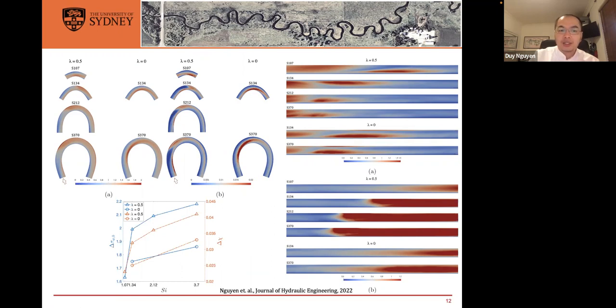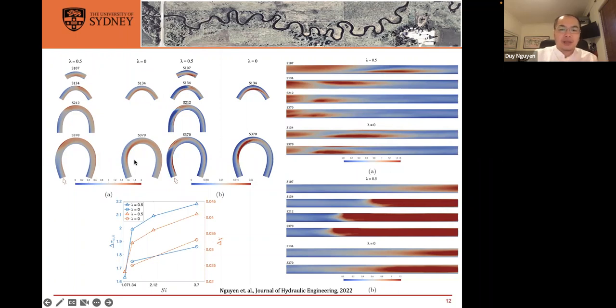If I look at the bed shear stress, I also see some changes here. I plotted out the range of my bed shear stress, and when I increase sinuosity, it increases the bed shear stress. I also see a lower bed shear stress in the neutral channel here.